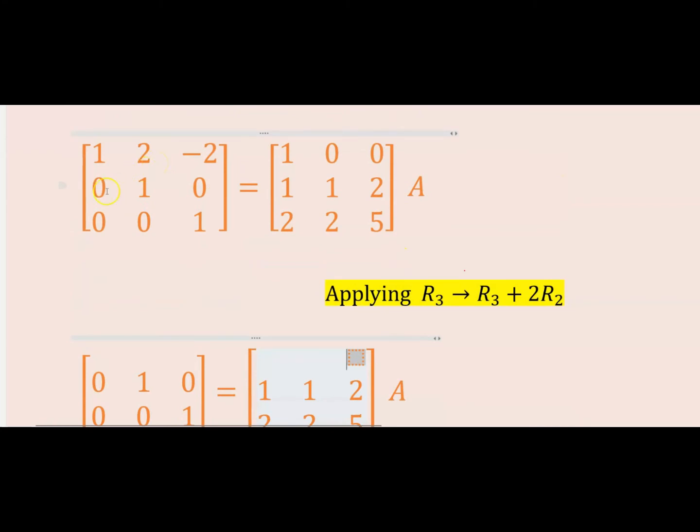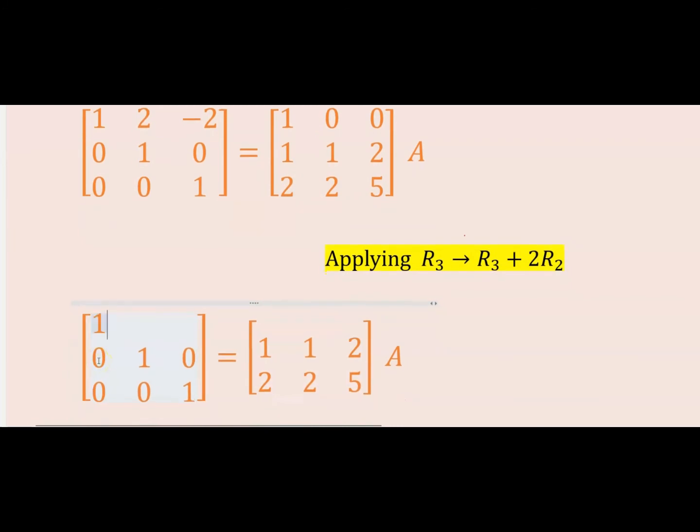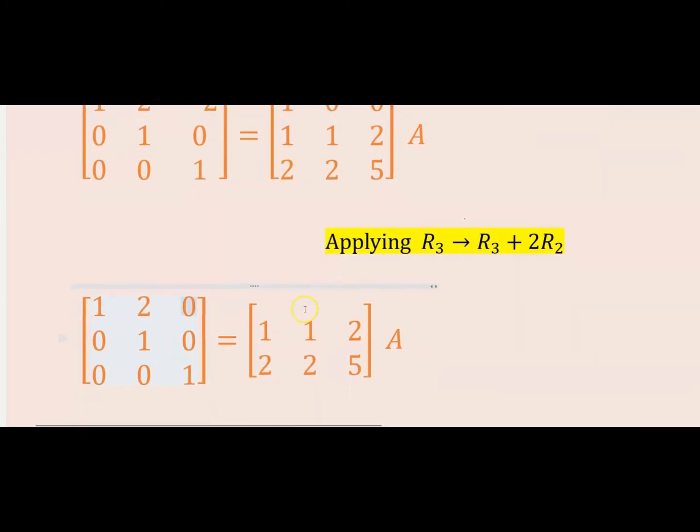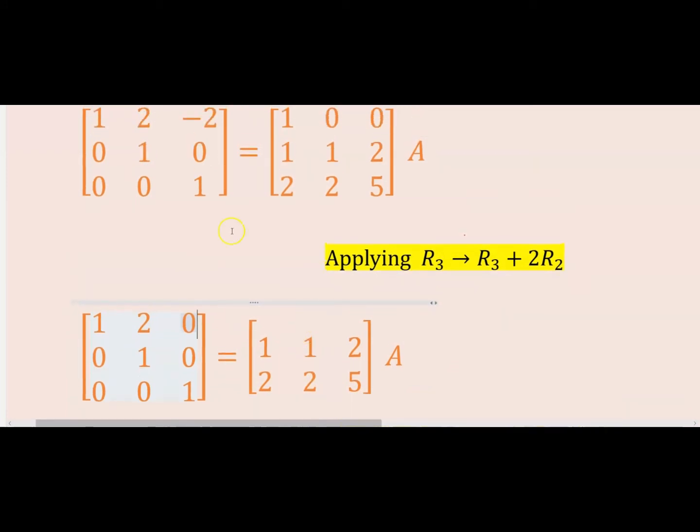It will be 1 only, and the next entry will be 2 plus 0, that is 2, and this will be 0. Minus 2 plus 2, that is 0.